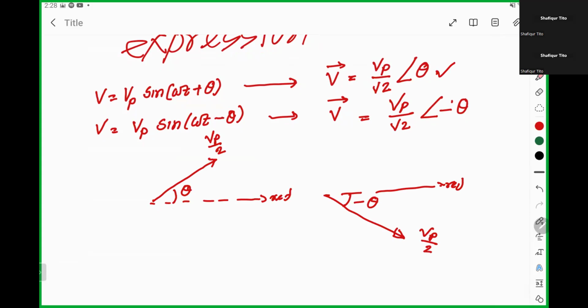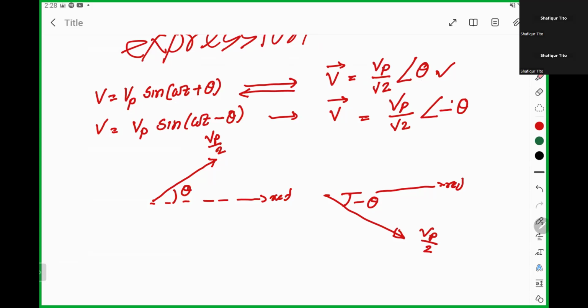To summarize, if you are given the polar form, you have to find out the peak value from here. Then omega t will always be there. And you have to take a look at whether the angle is positive or negative.